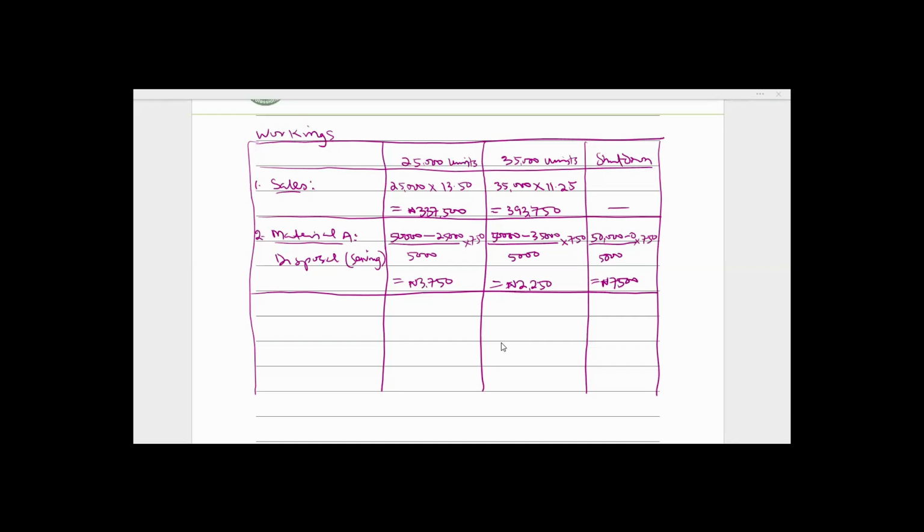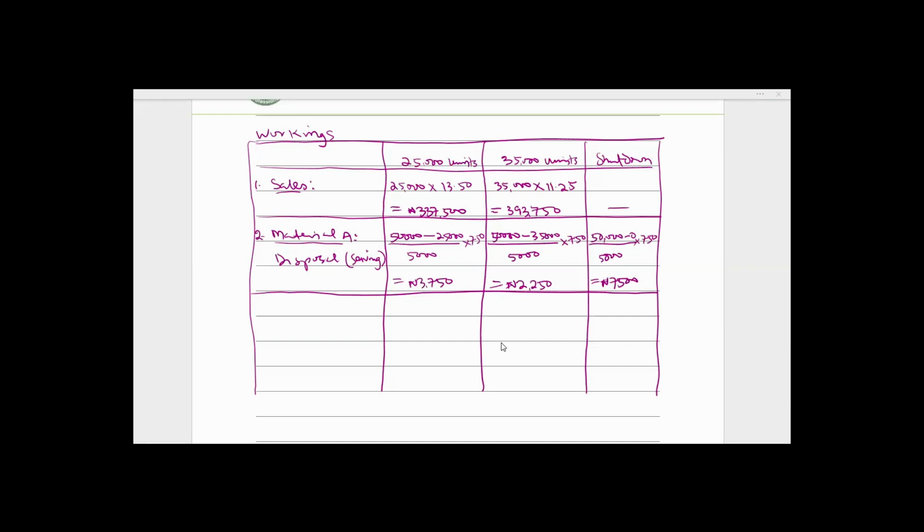So in this particular scenario, we have three different kinds of costs. Number one, we are given the disposal value of 1 naira 875 kobo per liter, which is the amount at which the material can be given to another department. Secondly, we have the original cost of material B, which is 75 kobo.